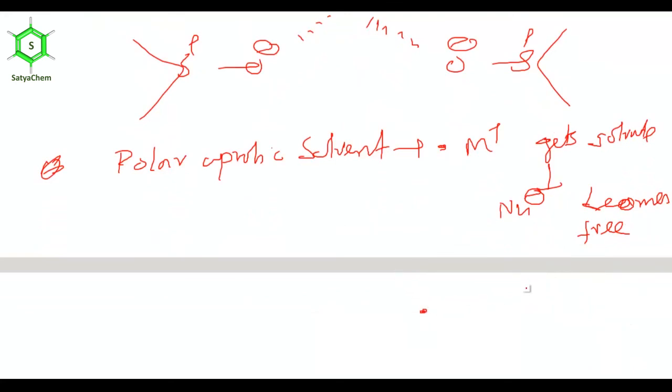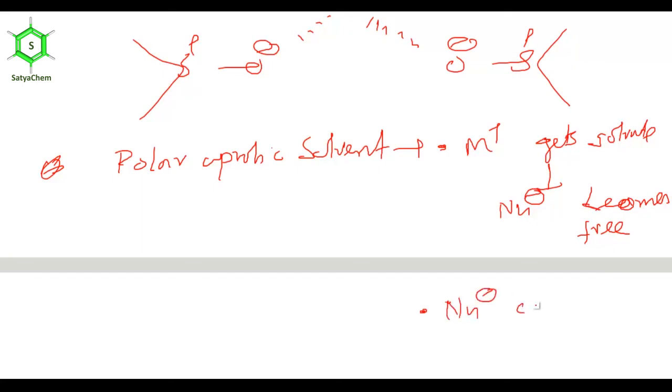In polar aprotic solvent, because they lack active hydrogen, meaning they don't have a hydrogen bond donor, the nucleophile will not be solvated by solvent molecules.